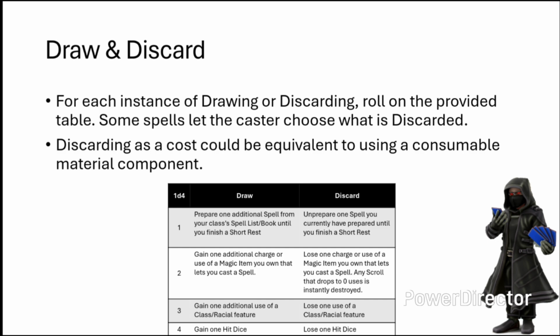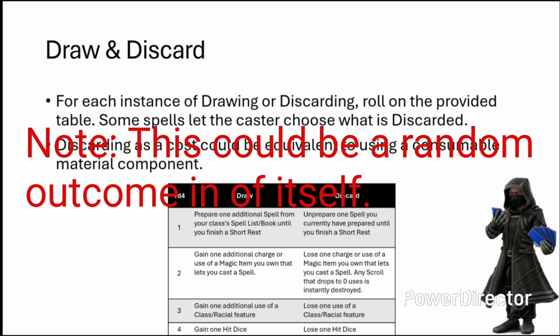Again, not a detriment, not at least a permanent detriment. It's rather short. You'll probably have one or two combats where you will not have access to a specific spell, and take a short rest, and you regain that prepared spell.